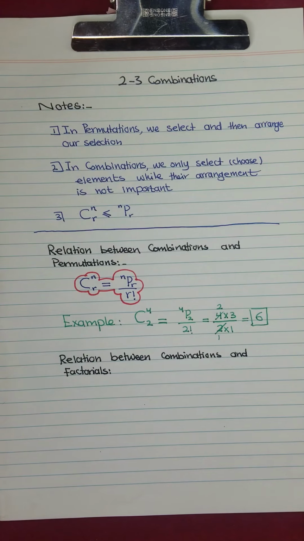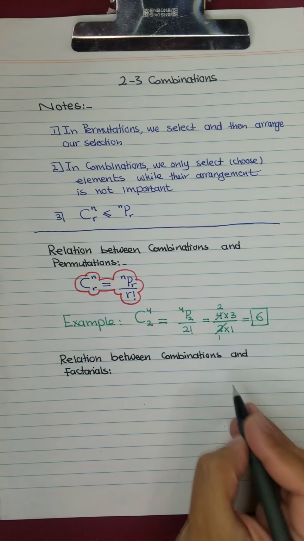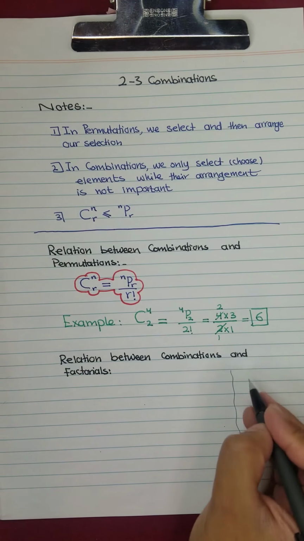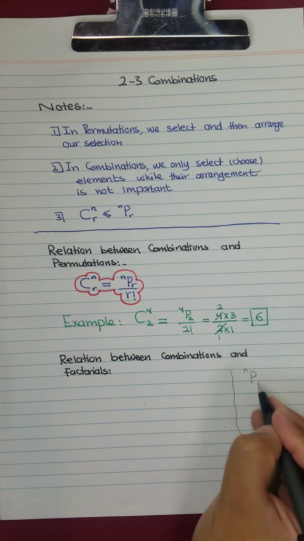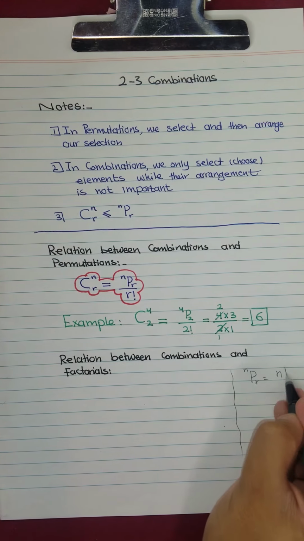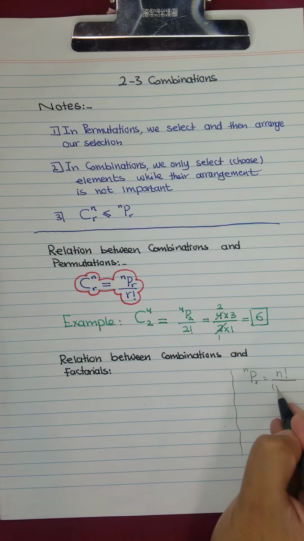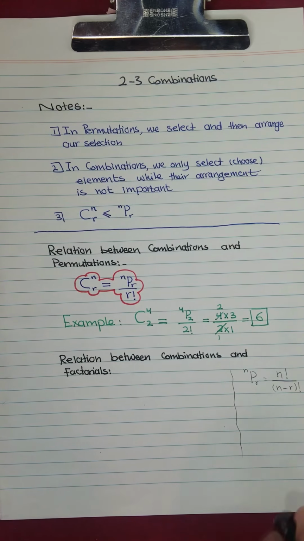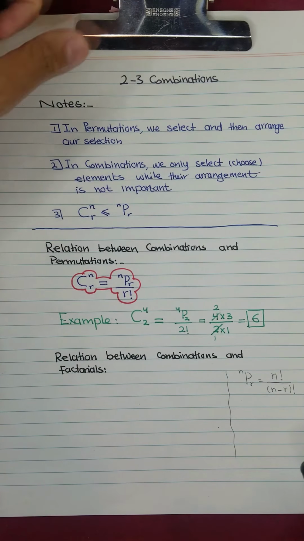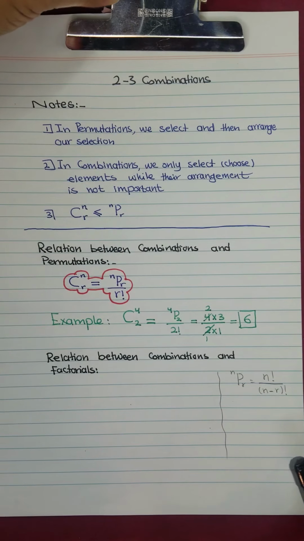And if you can still recall, we said actually that n permutation r is equal to n factorial over n minus r factorial. Now, we actually can have a similar relation this time, but this time this relation is going to be the combination and the factorial, and it's quite easy. It's actually taken from this.